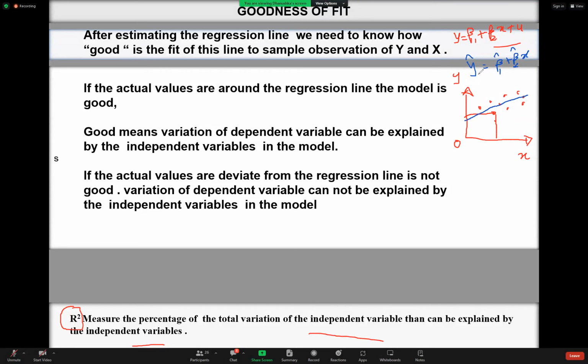Then the difference between Y and Y hat, Y minus Y hat, we call the error term. Now let's say this is model 1. Now let's say I draw another model.